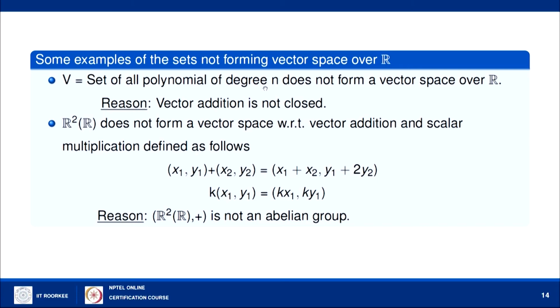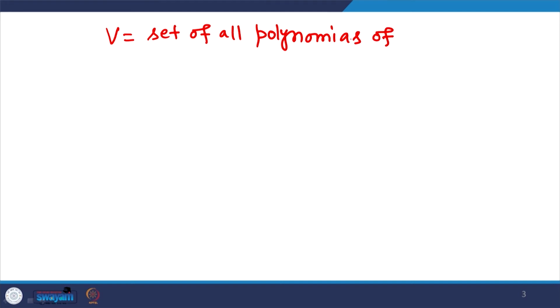My first example: the set of all polynomials of degree n does not form a vector space over R. Why? Because vector addition is not closed. To see this, let us take two elements from V, where V is the set of all polynomials of degree n.